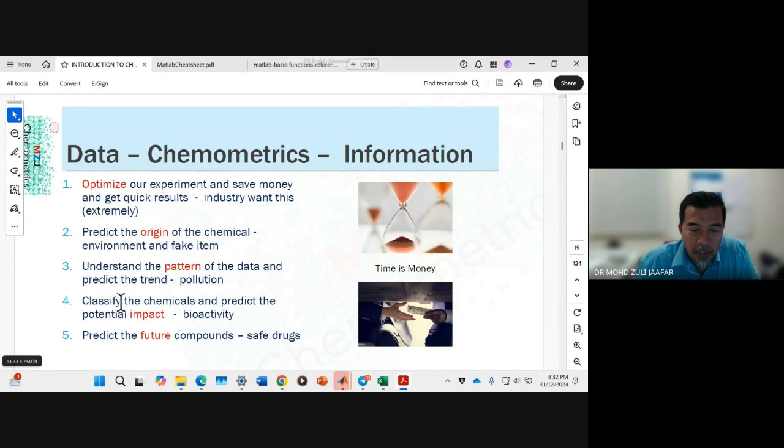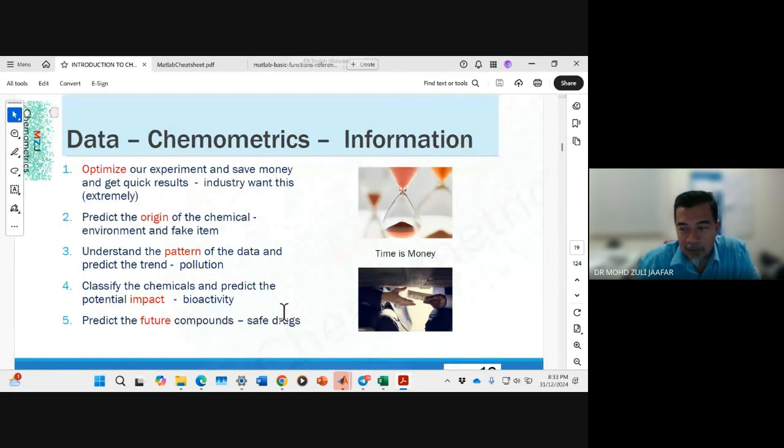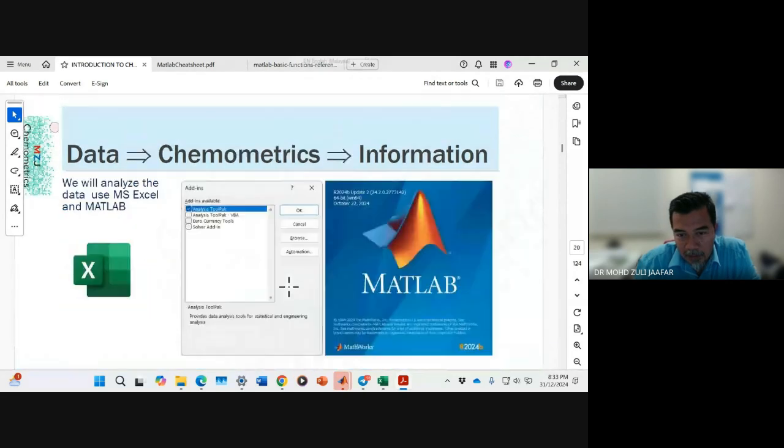You can classify the impact of the data on the environment, for example, bioactivity and toxicity. And for drug analysis, we can predict the future of a chemical compound. All right, I have completed my slides for 30 minutes.